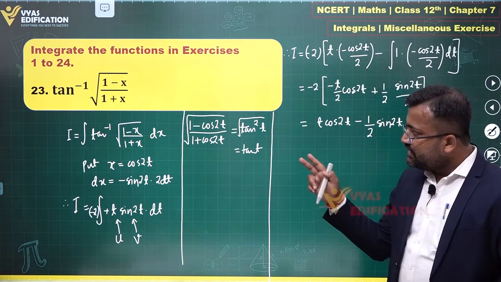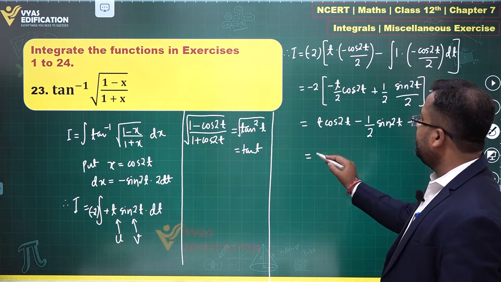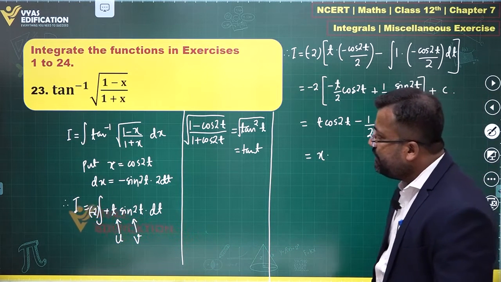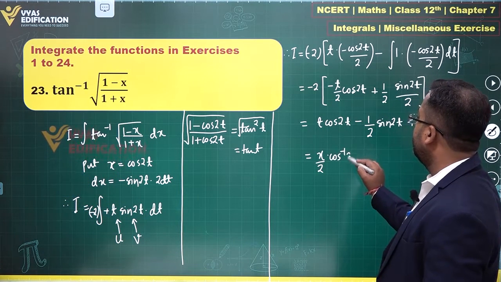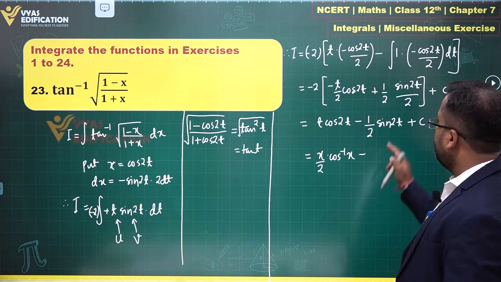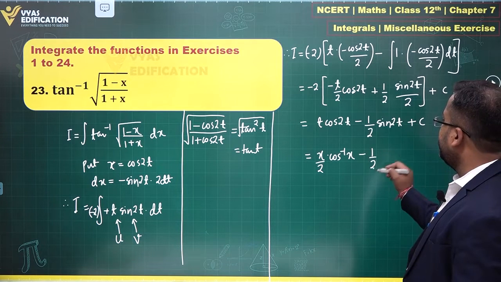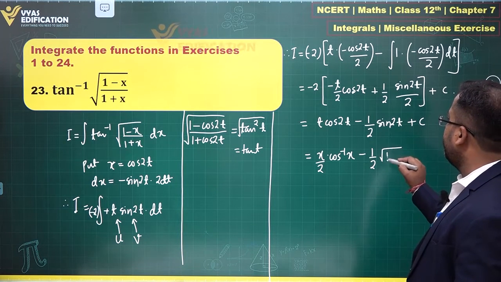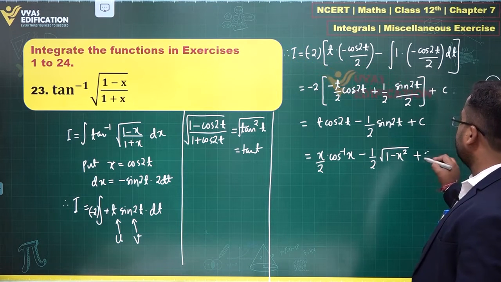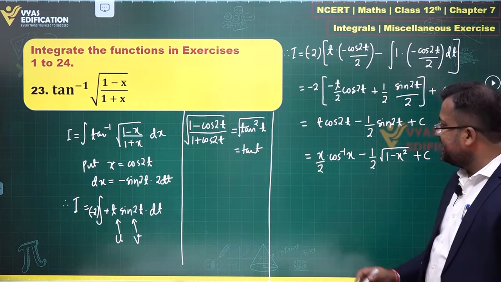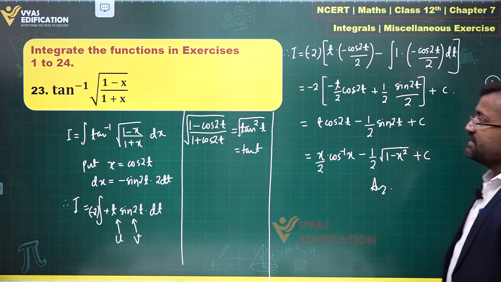Now we need to replace cos 2t in terms of x. So cos 2t is x. T will be cos inverse x by 2. This minus, what is this? This is 2 sine t cos t. Okay, cos 2t. I can directly replace sine 2t as under root of 1 minus cos square this plus constant. This is what I seem to be getting. Yes, that is my final answer for this question number 23, as you can see over here.